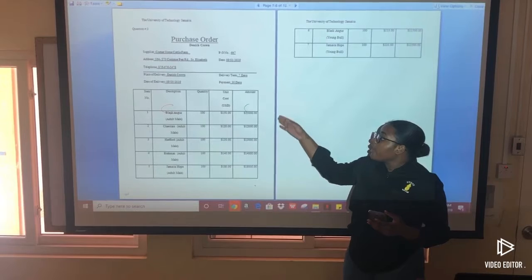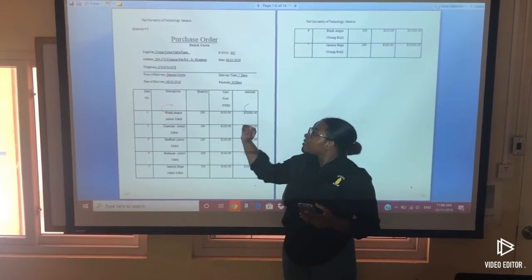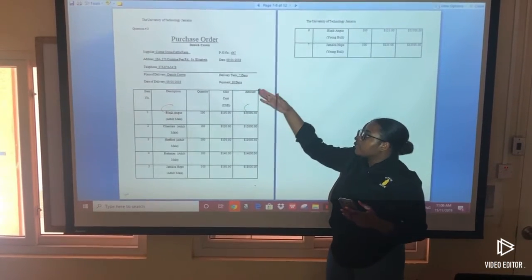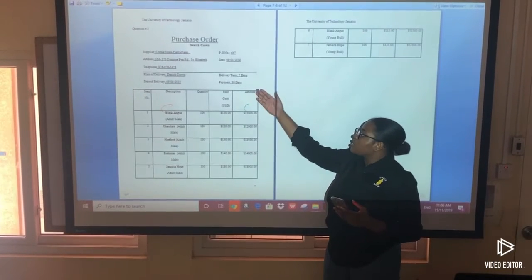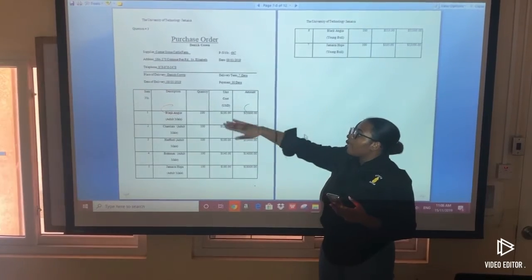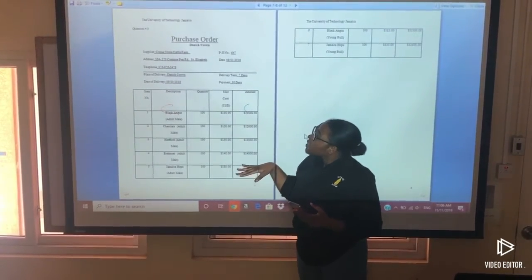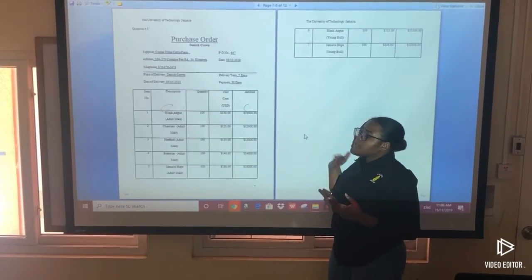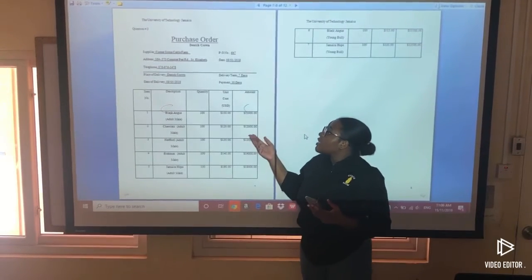On the purchase order, we have highlighted for that purpose the date of delivery and the delivery terms, stating how long or how short a period the cows should be delivered by, when the payment should be made, along with the location of the farm that supplies these cows, and a telephone number.